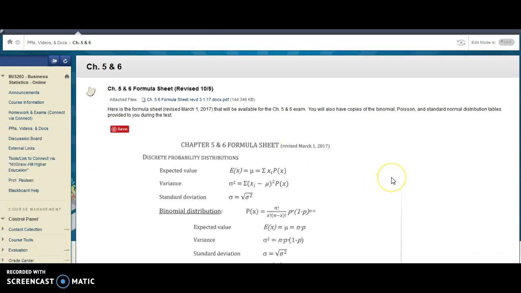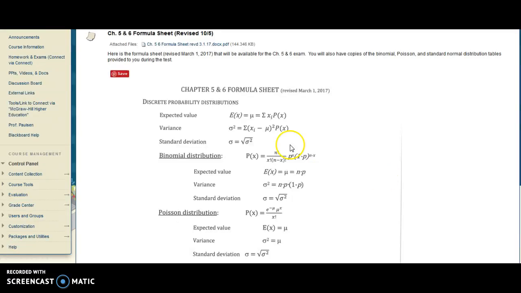Here's the formula sheet that was revised March 1st. The first part is Chapter 5, Discrete Probability Distributions, and these three formulas are the material in the first part of Chapter 5. In the Jaggia and Kelly book, this is basically the material from page 150 through 162.